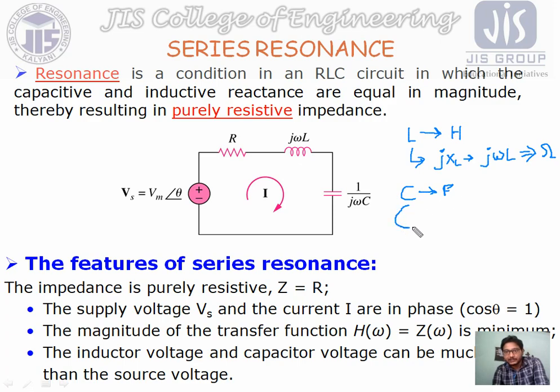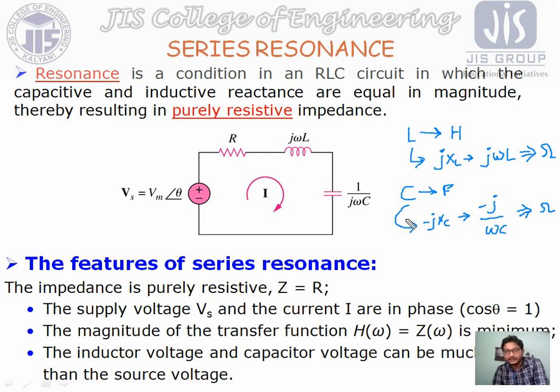For the capacitor, the capacitive reactance we can write as minus jXC. XC means 1 by omega C, so we can write minus j divided by omega into C. Obviously the overall unit will be ohms, so we can write it in this way.